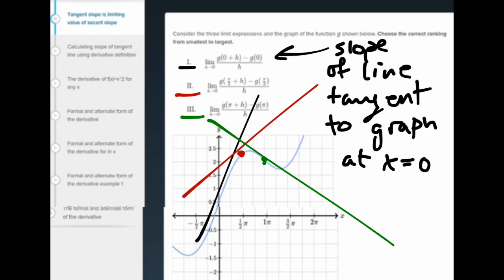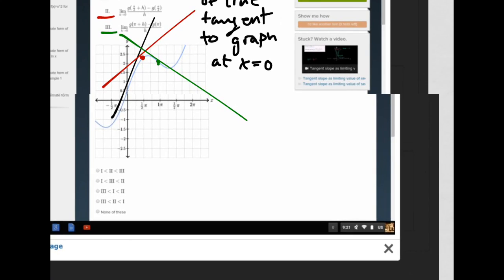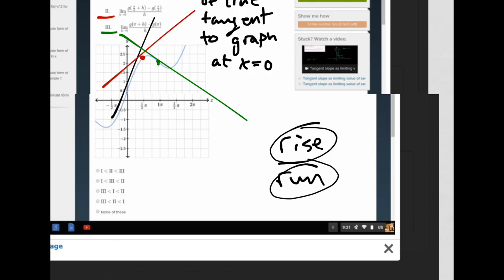Remember, slope is rise over run. So here, the steepest slope is going to have a big rise and a small run. So if we're talking about a fraction, rise over run, if you have a big rise and a small run, that's going to come out to a big number. Like if the rise was 8 on top and the run was 1 on bottom, we'd have a slope of 8.